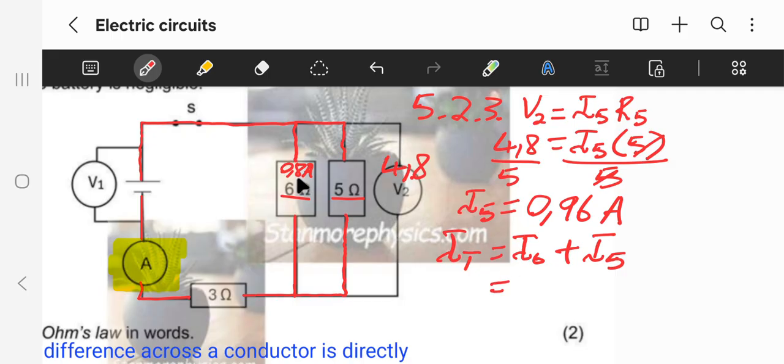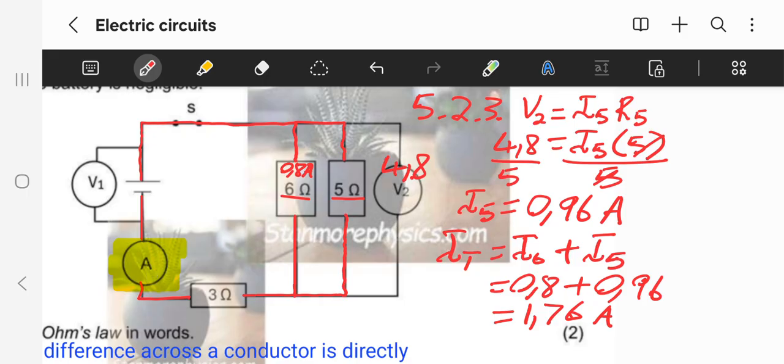I6 is this one here that we are given, which is 0,8 plus I5, the one that we just found, which is 0,96. And if we add these two together, what are we going to get? The calculator is going to give us an answer of 1,76 amperes. So this is the current on the ammeter A.